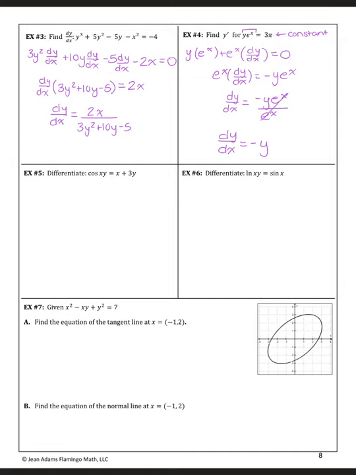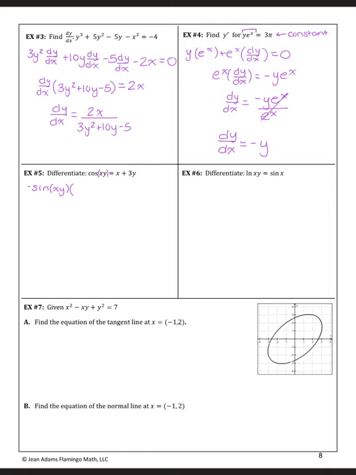Now let's look at example 5. Differentiate cosine xy is equal to x plus 3y. So cosine of xy, this one is going to require an actual chain rule. So the derivative of the outside, the derivative of cosine is negative sine, you leave the inside alone, times the derivative of the inside.